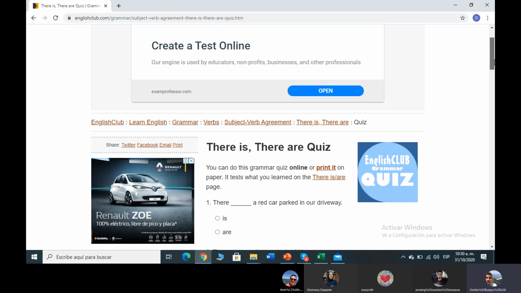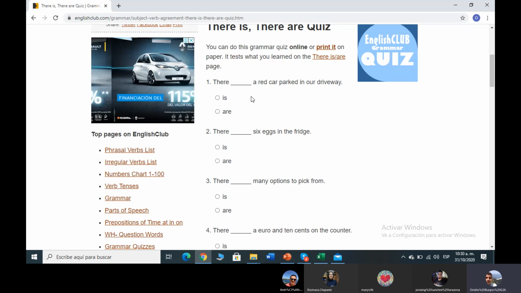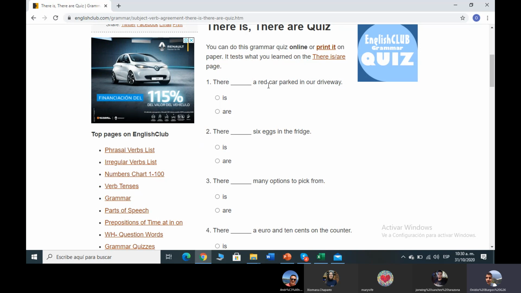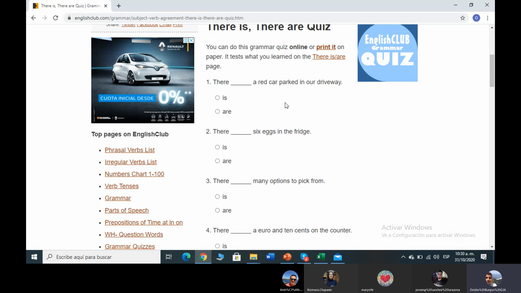The dynamic here is that, for example, Andres is going to read the number 1, and the classmates are going to say if they agree or disagree with the option chosen by Andres, okay? So Andres, come on, please read the number 1 and tell us what is the correct.